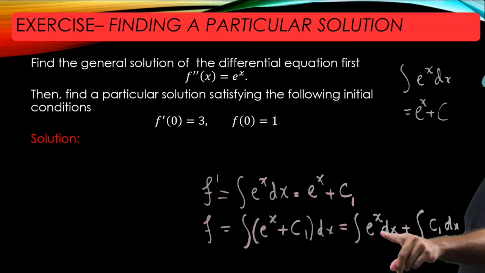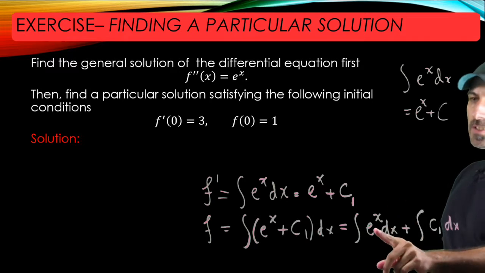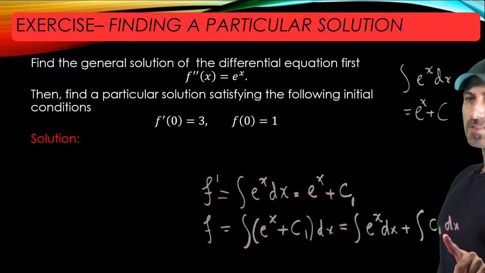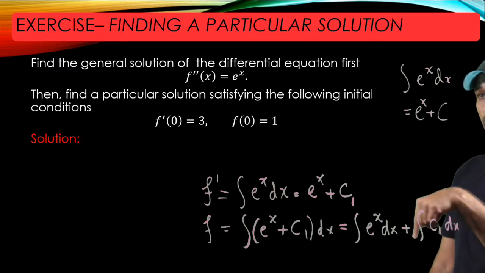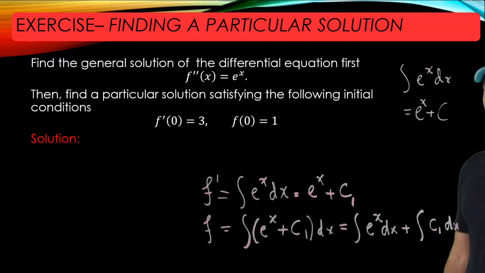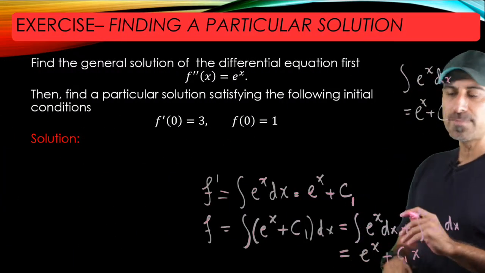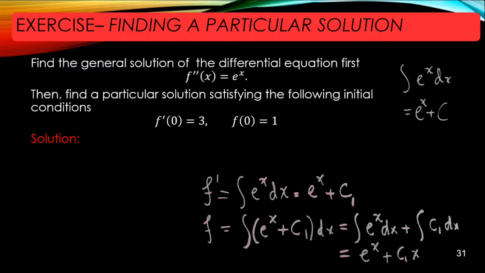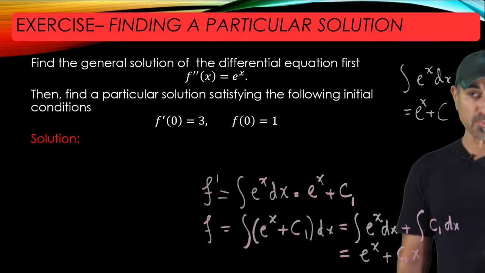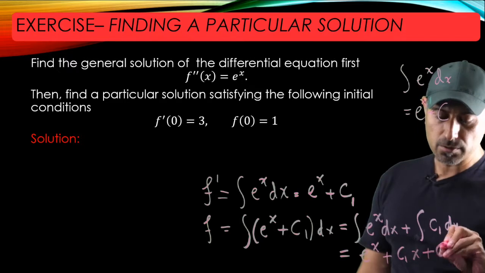I have the integral of e to the x and the integral of a constant. For this one, I'm going to use this formula, and for this one, you're going to use the constant rule in the earlier formulas that I provided to you, or check the integration formula card. Since I'm done with integration all the way, I'm going to add another arbitrary constant at the end. So I'm going to call it c2.